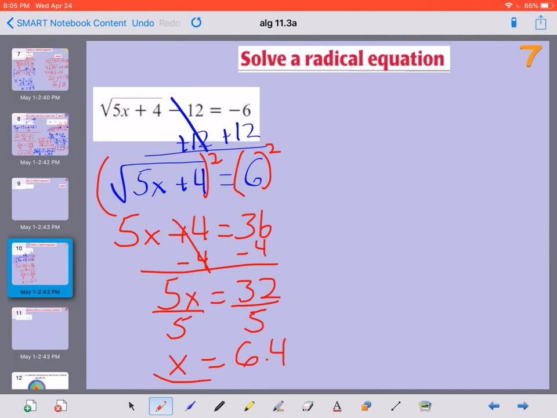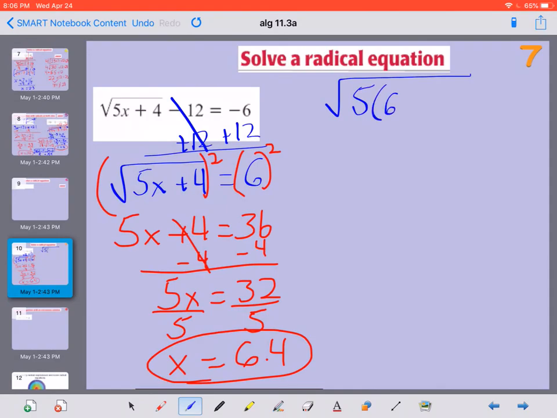Now I have a decimal, 6.4, so that's probably going to tell me, well, it might not be right. So I'm going to put that back into the equation. So I'll have the square root of 5 times 6.4 plus 4 minus 12 equals a negative 6. So, well, the square root of 5 times 6.4, that's 32, plus 4.